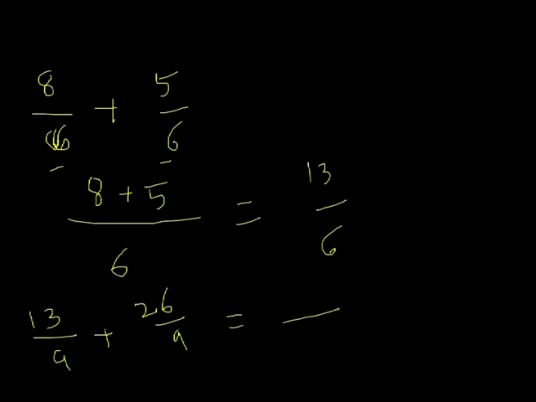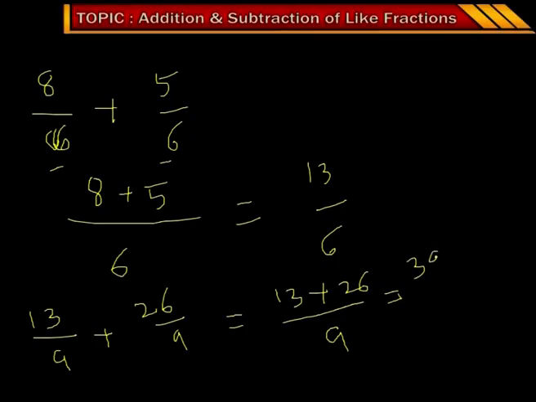When we are adding 13 by 9 and 26 by 9, we write the same denominator and add the numerators of those fractions. 13 plus 26 gives 39 by 9. So this can be written as 39 by 9.